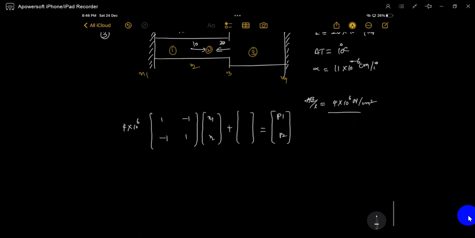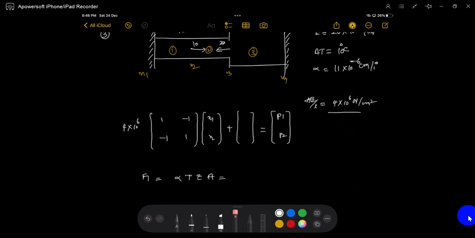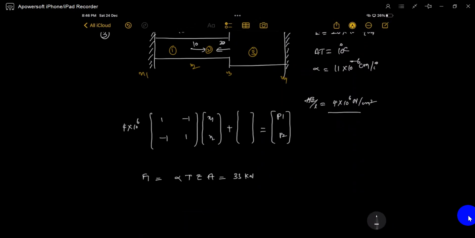So how much temperature force is experienced in element 1? For the temperature, alpha T, Young's modulus into area. How much will we get? Let's say 33 kilonewtons. So what is the sign for 33 kilonewtons?